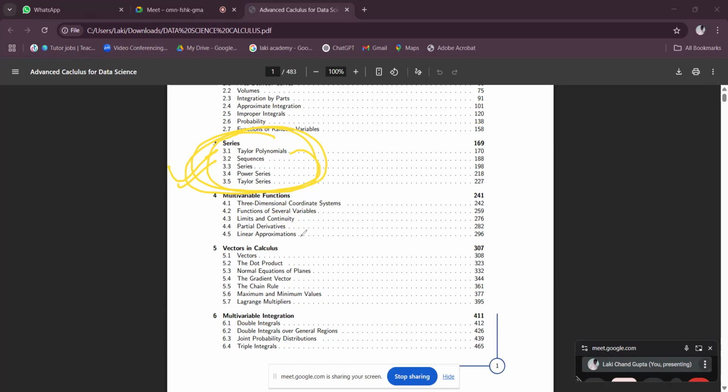Then we will start the three-dimensional coordinate system, limit and continuity. This is not basic limit and continuity. This is limit and continuity for two variables x and y. Earlier you learned limit and continuity for one variable f of x only. So from Monday we start series and sequence.